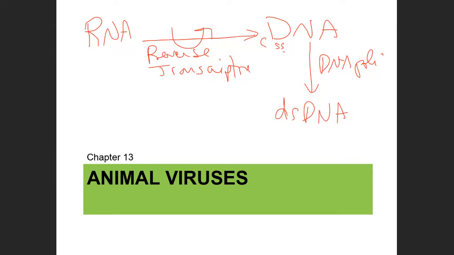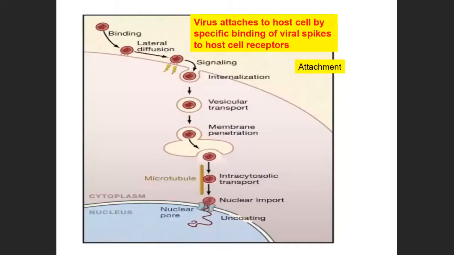What the retrovirus is going to do next is it's going to take this double-stranded DNA and insert it into the genome of the cell. So that retroviruses pretty much stay with us for the rest of our lives. DNA viruses oftentimes do the same thing too. Insert themselves and pretty much stay with us for the rest of our lives.